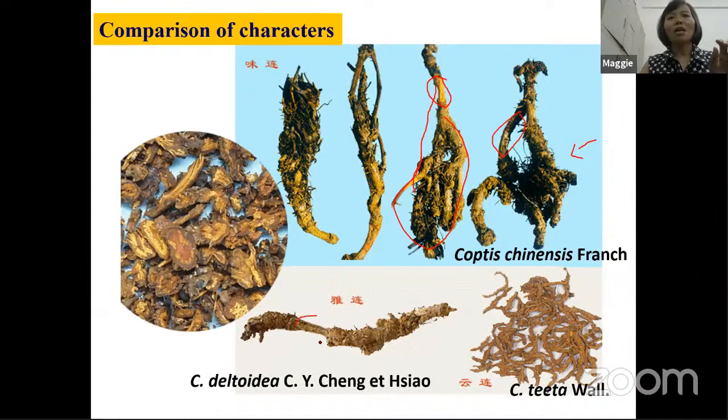So here, Coptis deltoidea, internode is obvious and smooth, but Coptis teeta, internode not obvious. So these are the main differences among the three species.